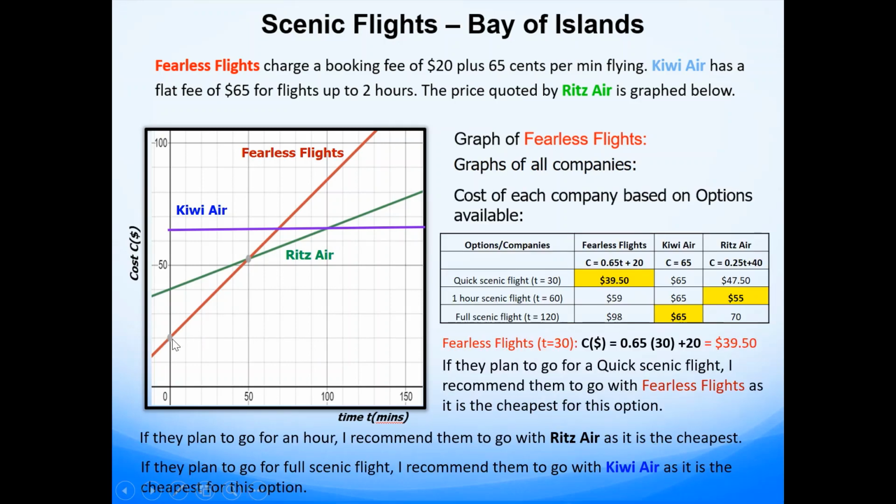So if I look at this, the red line is for Fearless Flight, and that is always cheapest up to 50. And then from 50 to 100 minutes, Ritz Air is cheapest because that's the green line there. And then anything above 100 minutes is for Kiwi Air.